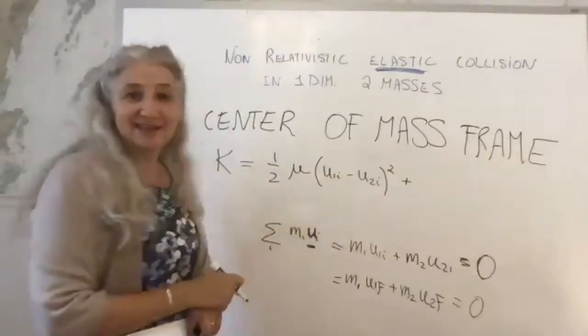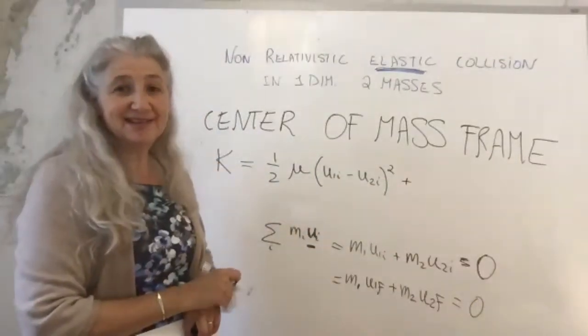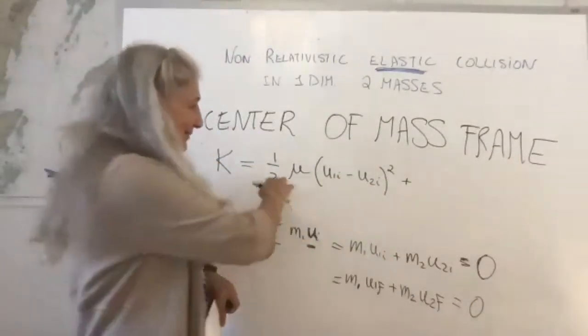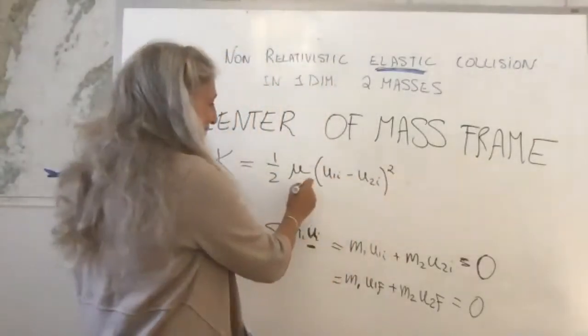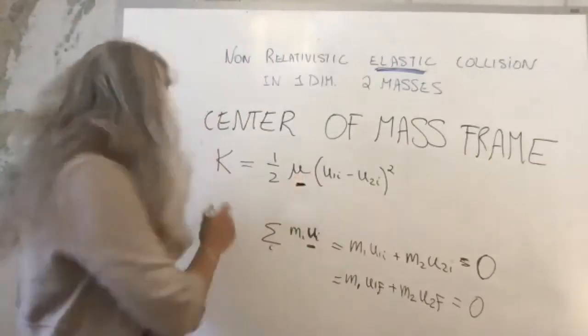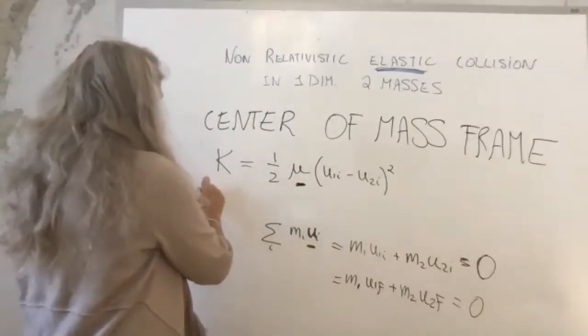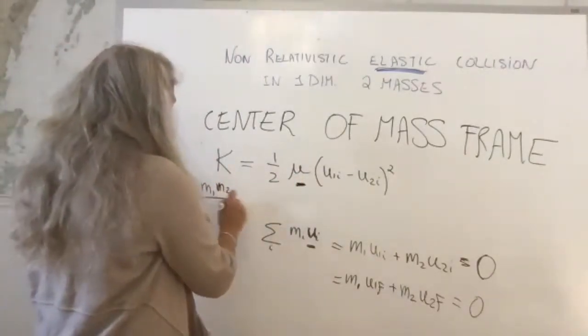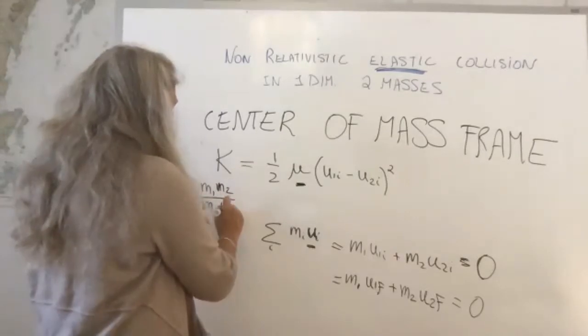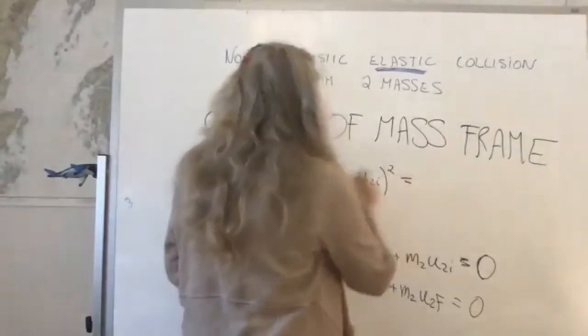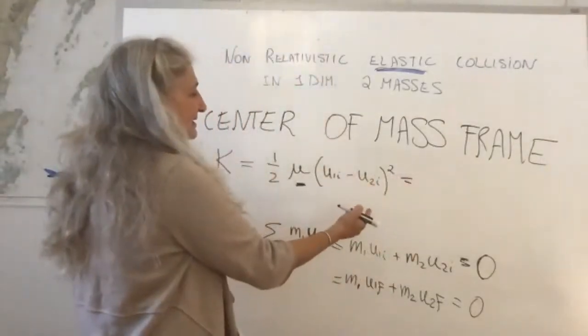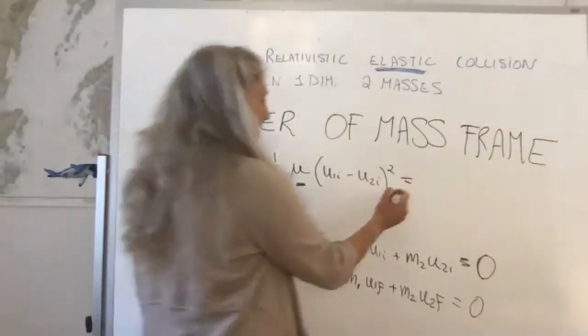But because we're in the center of mass frame, the translational term is 0, so there's no extra term. And this is the reduced mass. Remember, the reduced mass is the product of the masses divided by the sum of the masses. And because it's an elastic collision, this is the same before and after the collision.